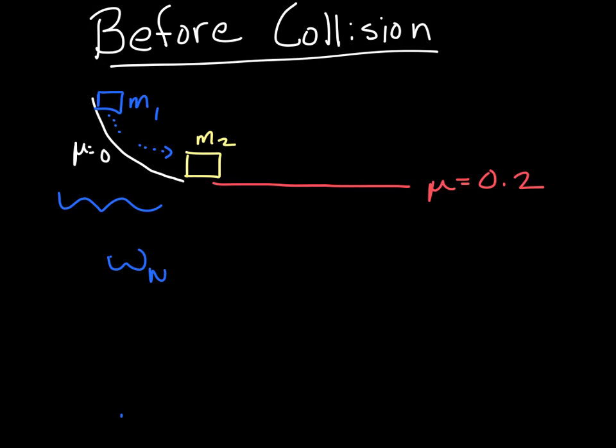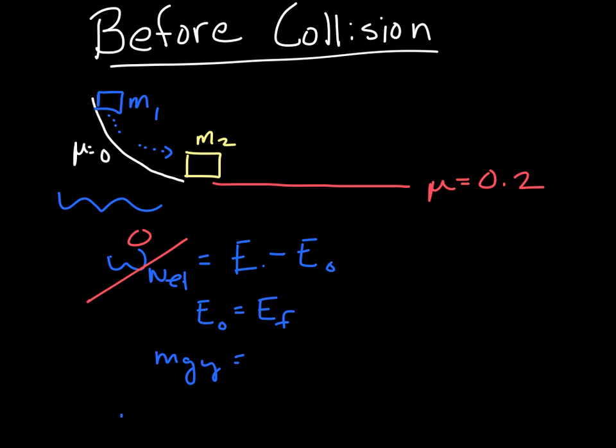We know that net work, work external, equals energy final minus energy initial. In this case, no net work, so you get E initial equals E final. Initially, it's all potential energy, mgy. Then it's all kinetic energy, half mv squared.